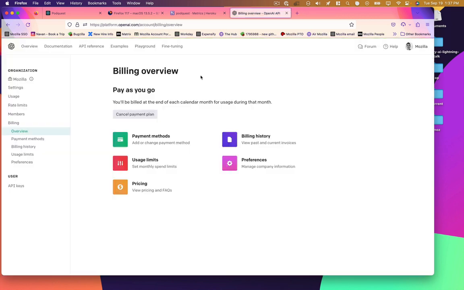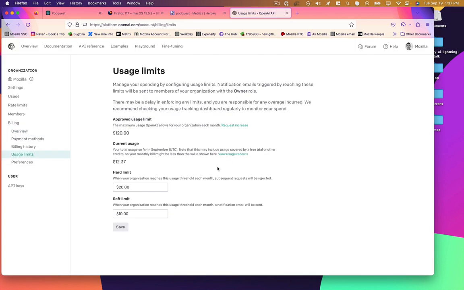One last thing I will point out is make sure to set your usage limit to a price that you're comfortable with. I don't know if they have a default. They might not set this at all, but they give you the ability to set your limits. And if you're not careful, you can end up spending a lot of money on these APIs when you're playing around with them.